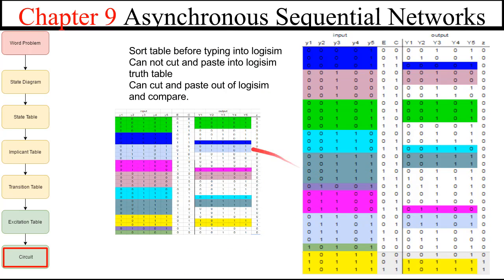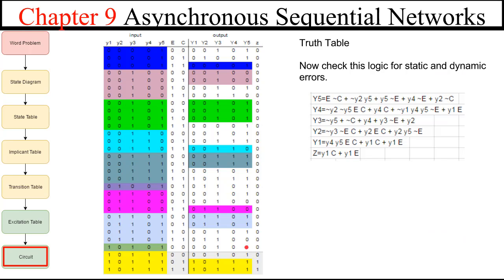The second thing I did is I typed all this stuff into Logisim by hand. And then I cut and pasted out of Logisim, highlighted in color the same regions, and then compared them to make sure I didn't make any mistakes. That's this slide and this next slide.